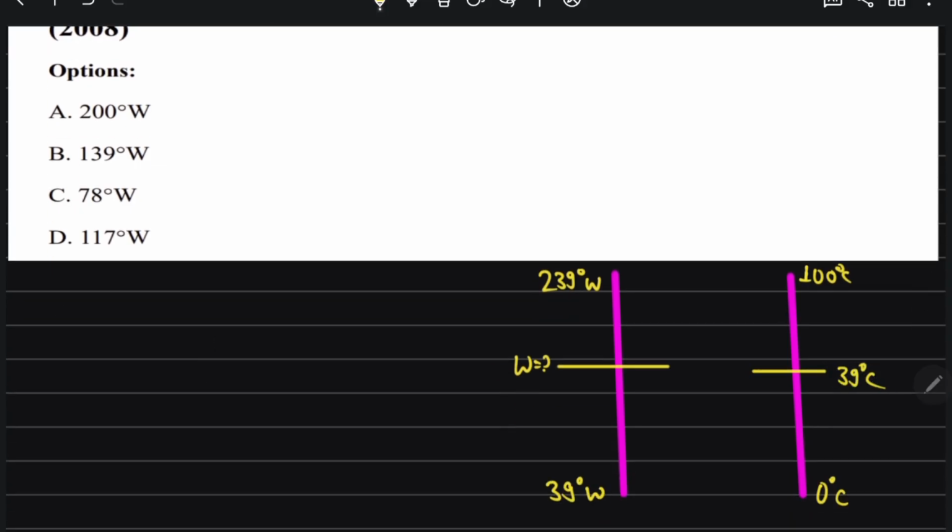So we know (x minus lower fixed point) divided by (upper fixed point minus lower fixed point) is equal to a constant.